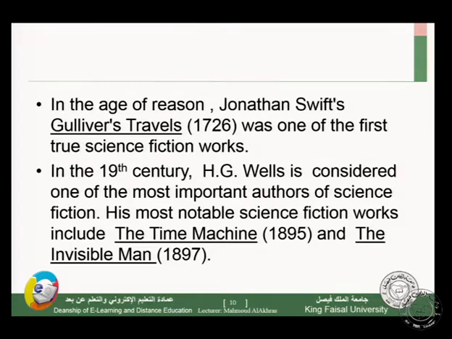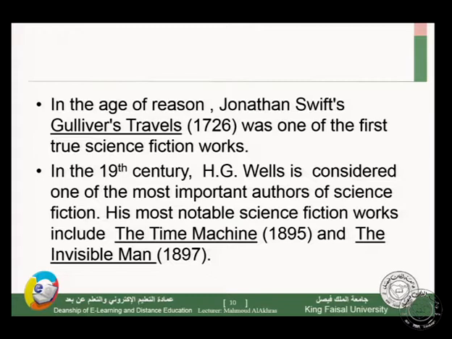In the Age of Reason, Jonathan Swift's Gulliver's Travels, which was written in 1726, was one of the first true science fiction works. Later in the 19th century, H.G. Wells is considered one of the most important authors of science fiction.